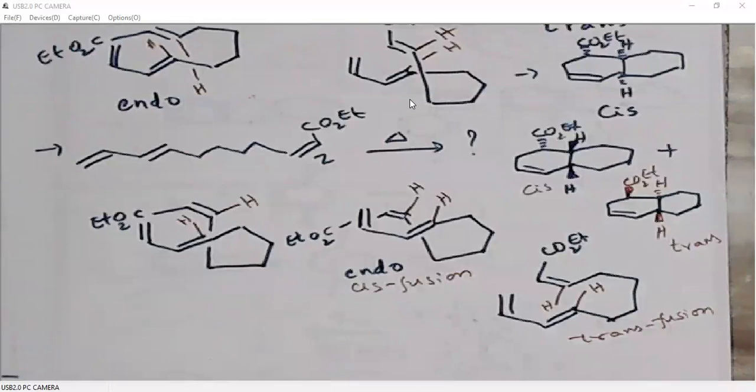But with the other examples, it is possible to have both endo selectivity and exo selectivity. So in that case, we can have both cis-fused rings and trans-fused rings. So in all these examples, we will get both products in a 1:1 ratio.